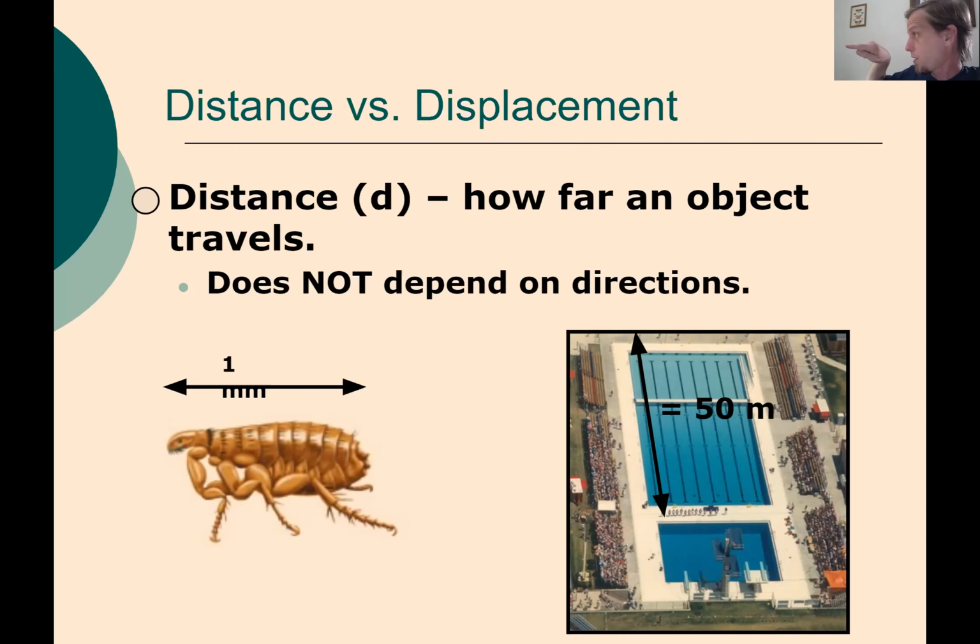I can't drive through my neighbor's house and the fence and down the ditch into the highway, right? You get the idea of the difference between distance and displacement. Distance is how far an object actually travels. I would travel 1.5 miles to get there. I've only been displaced 75 yards because it's right over there.